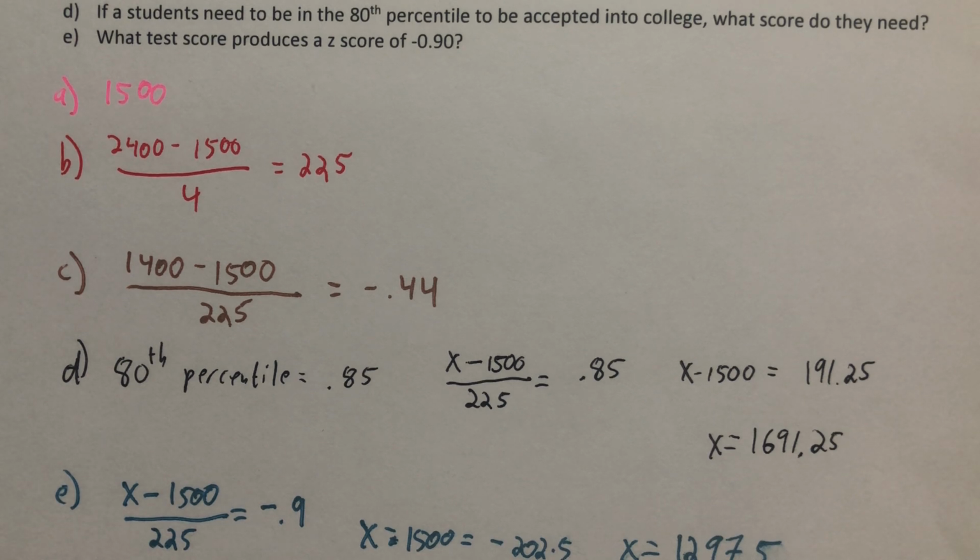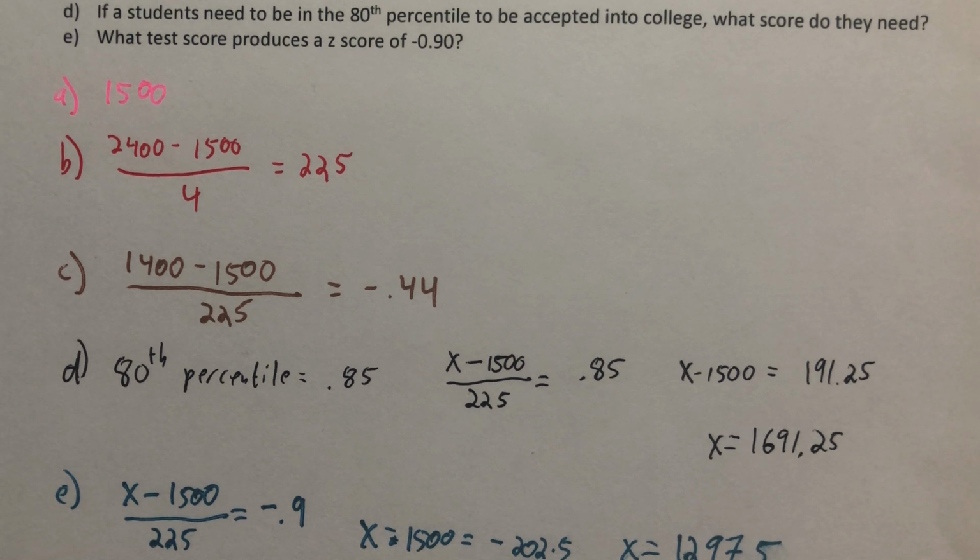So x minus 1500 divided by 225 equals 0.85. 225 times 0.85 is 191.25. Add 1500 to it, and you need a 1691 if you want to be in the 80th percentile on the SAT.